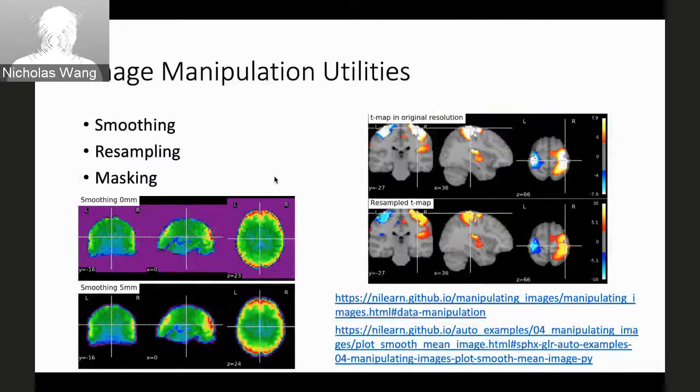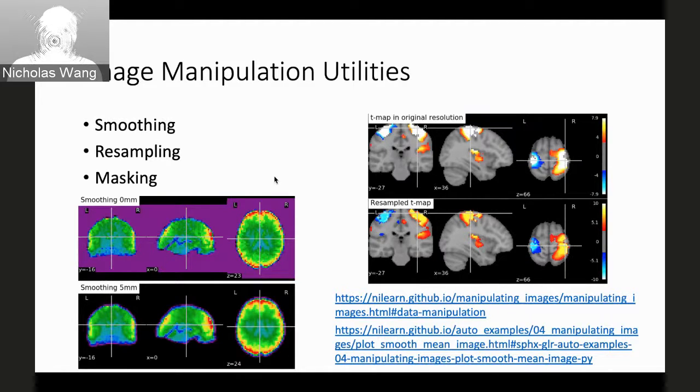So if you have a segmentation done in one resolution, you'll need to resample it onto your different modality, either perfusion or a diffusion mask, whatever it may be, in order to make them all align properly, or smooth it, or handle some of these masking issues.